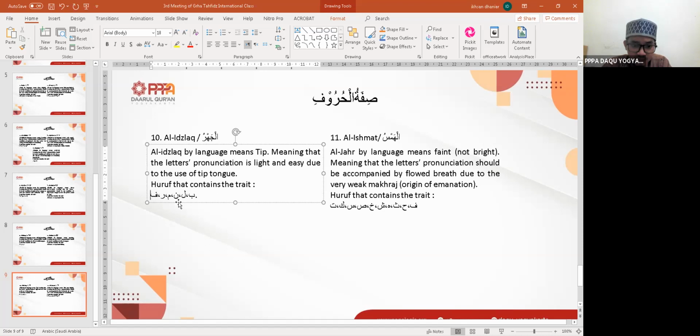These six huruf are so light and easy to pronounce because they are all huruf al-izlaq. They all have the trait called al-izlaq, meaning tip, because the letters' pronunciation is light and easy due to the use of the tongue tip.